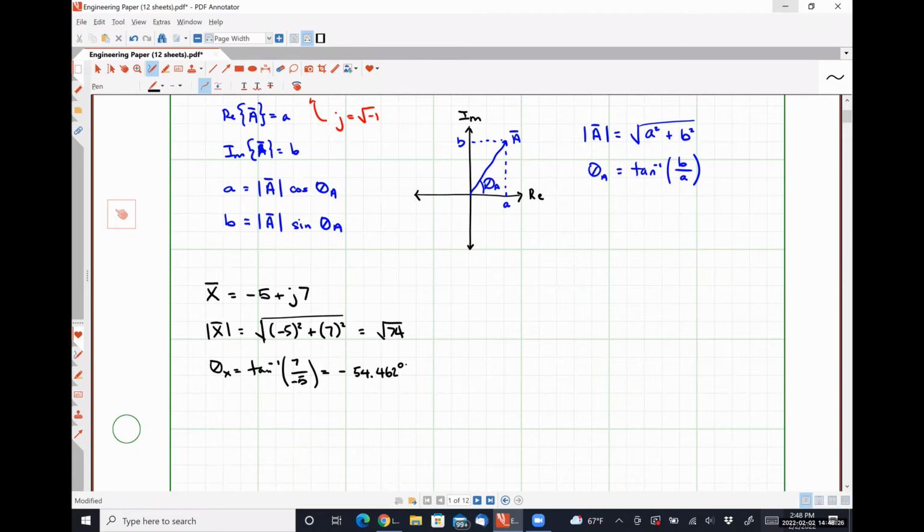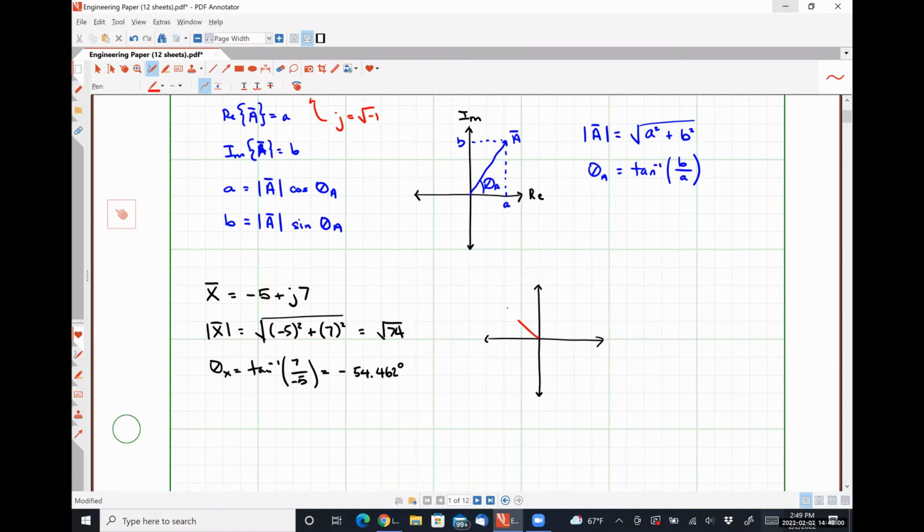So, can anybody tell me what's wrong with this? Angle being negative isn't necessarily a problem. If we plotted this, we would have a number. So -5 in the real direction, +7 in the imaginary direction.